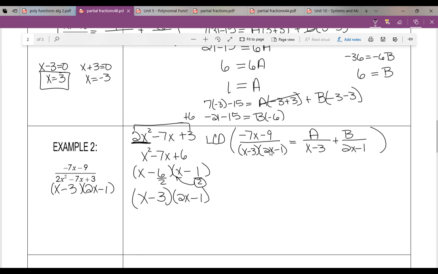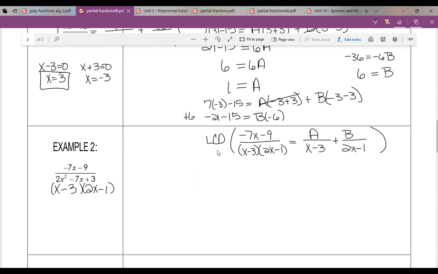It will always be the factors of the original denominator. So we're going to multiply everything in that problem by the x minus 3, 2x minus 1. That's the original denominator. That's always your least common denominator when you do this.